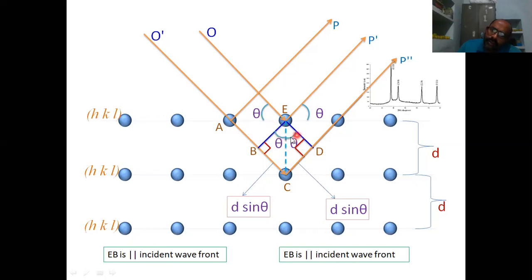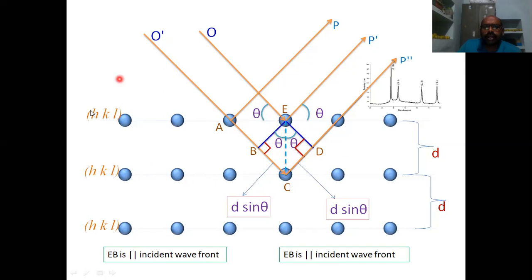Therefore it is pi by 2 minus theta. So in that way we are getting these angles as theta, and otherwise we can identify these angles as x and write all the values.